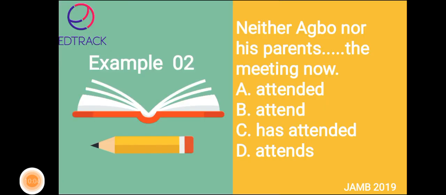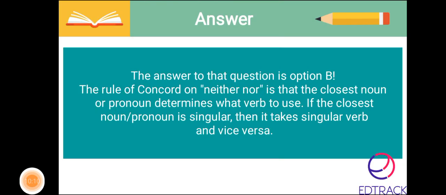The answer to this particular question is option B. And why is that? This is because the rule of Concord on neither nor is that the closest noun or pronoun to the expression neither nor is what determines what verb to use.